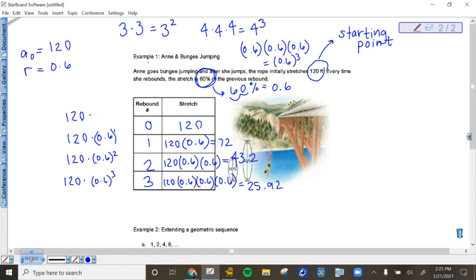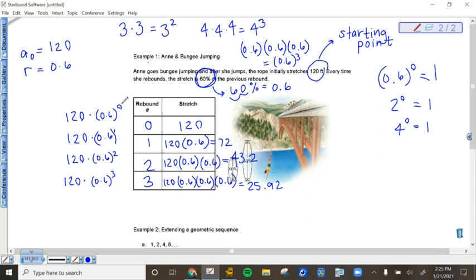It's going to be 0.6 to the 0th power. Whenever we have anything to the 0th power, it always equals 1. 2 to the 0th power is 1. 4 to the 0th power is 1. Anything to the 0th power always equals 1.